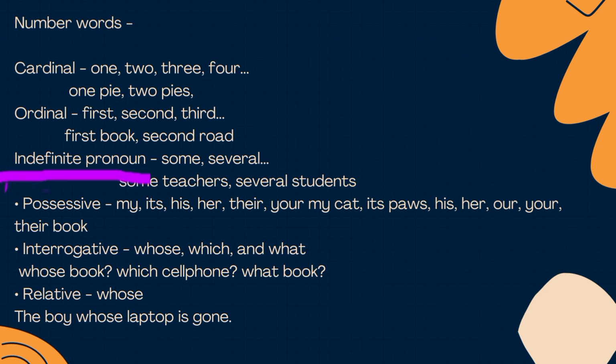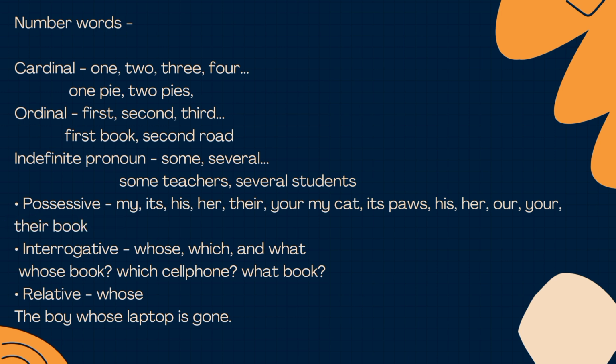Indefinite pronouns. These refer to unspecified or general people or things. Some, several. For example, some teachers, several students. They don't point to a specific individual or items. Possessive pronouns.